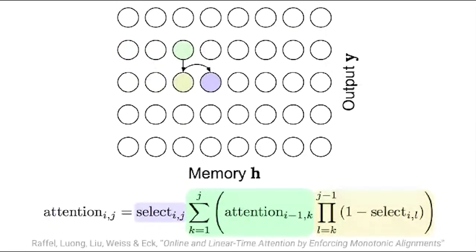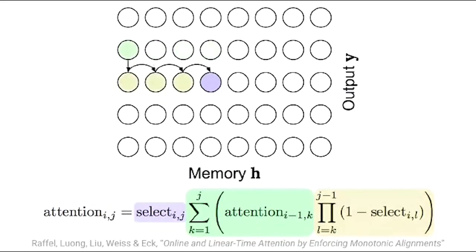So here's an animation of the dynamic program used to compute the attention distribution. In this animation, we're computing the probability of attending to the fourth entry in memory at the third output time step. We have to consider the possibilities that at the second output time step, we attended to the first, second, third, or fourth memory entry, which is shown in green and what is being animated. For the case that we attended to memory entry k at the previous time step, we have to not select any memory entries from k to the fourth entry, shown in yellow.